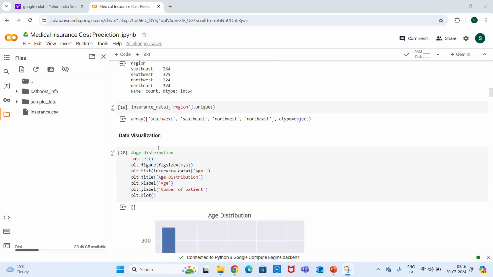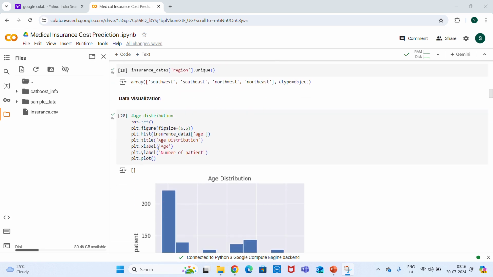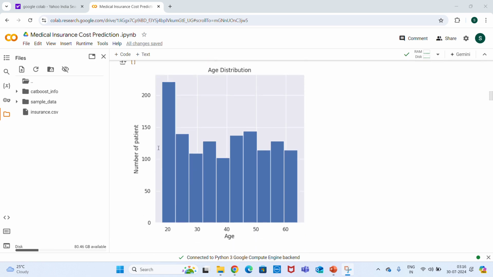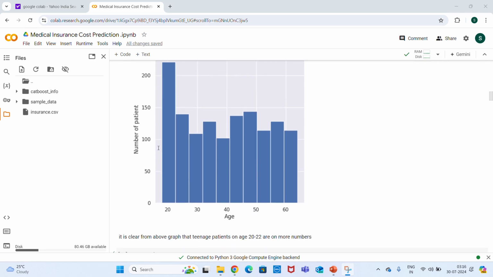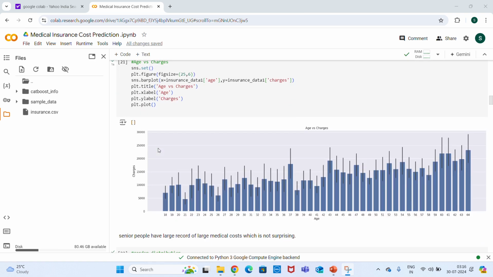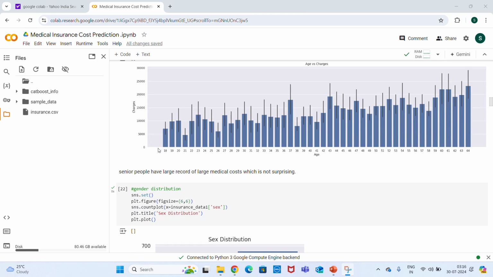Next, the data visualization. The code uses Seaborn and Matplotlib to visualize different aspects of the data. That is age distribution. A histogram of age distribution shows the concentration of ages in the dataset. Next, age versus charges. Here a bar plot shows how charges vary with age.